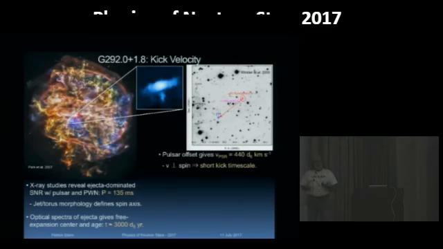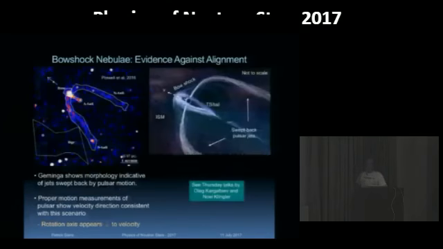The Crab pulsar is moving close to the direction of its proper motion. The Vela pulsar is as well. There was some modeling done by Roger Romani and Stephen Ng, or actually I think it was Stephen who did the modeling, showing a number of systems that seem to have such alignment. This is clearly one that does not, and it's not alone in that sense.